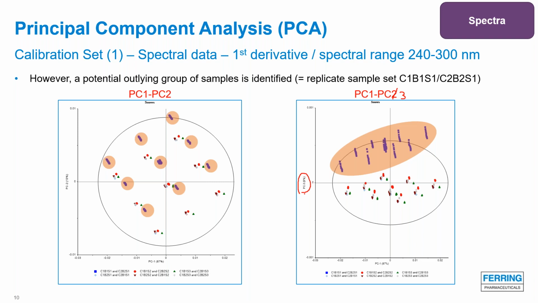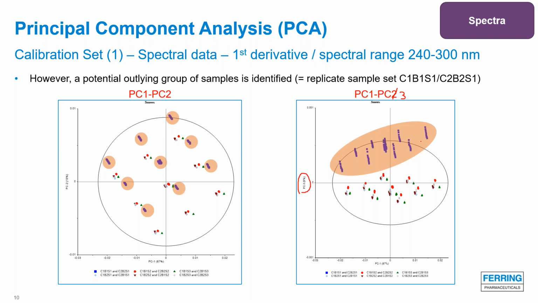So now I'm using an additional principal component, and it is clear that this principal component 3 is only here to explain the difference between this sample set and the rest of the samples. So the most likely explanation of difference between this group and the rest is that something went wrong during the production of these stock solutions, the stock solution, and that affected all the samples of this sample set.